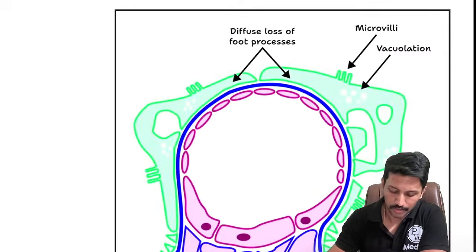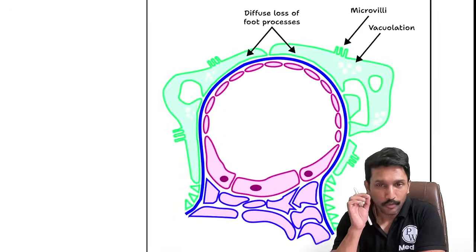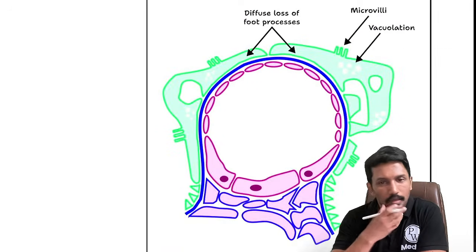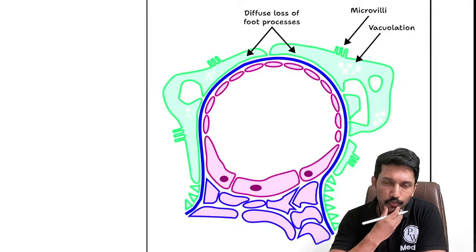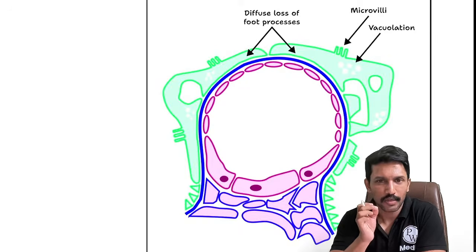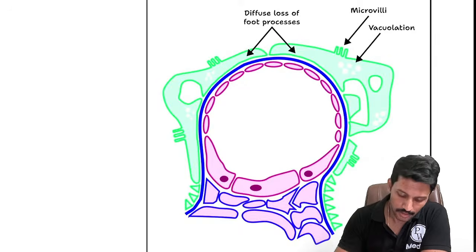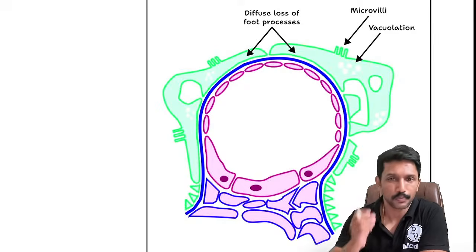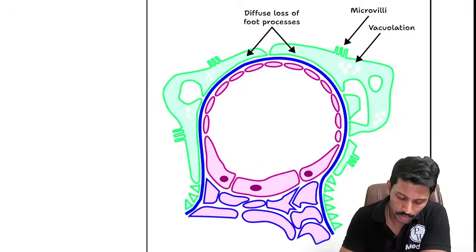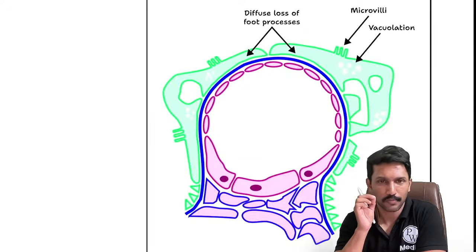So what is shown in the image? You have a pictorial representation of the glomerulus. And what do we notice here? The only abnormality I'm noticing here is that there is vacuolation of the podocytes, and most importantly, there is loss of the foot processes of the podocytes.